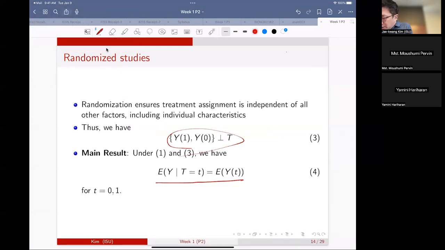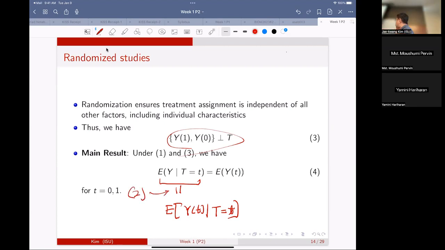This is actually quite easy, because we already proved this equality, which is equation 2.